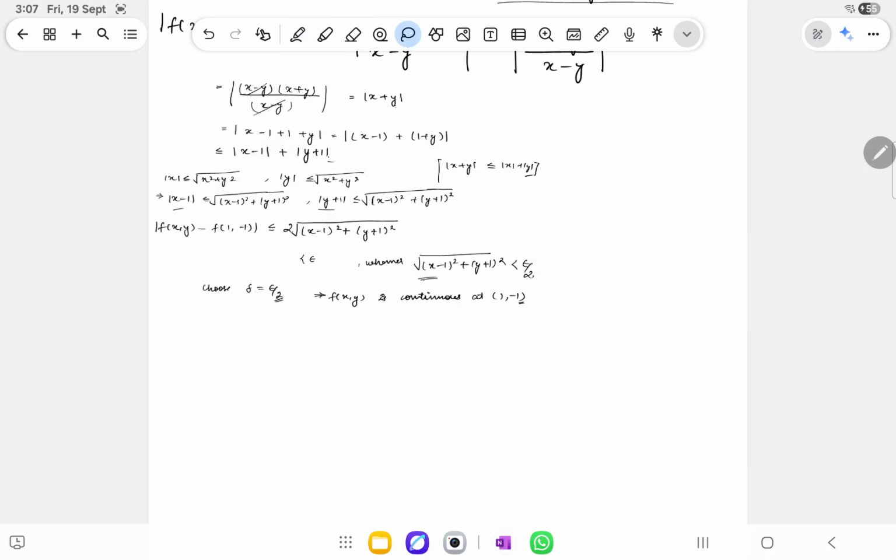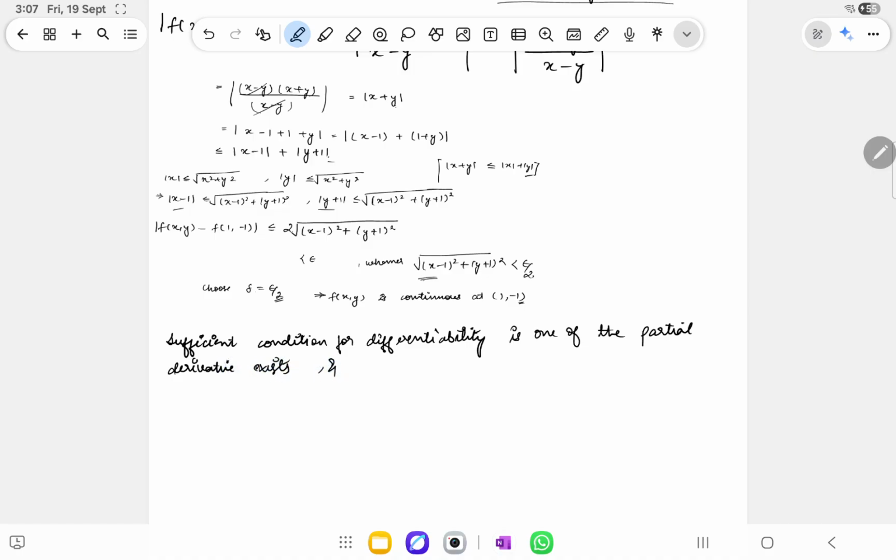We have seen that a sufficient condition for differentiability is to show that one of the partial derivatives exists and the other is continuous at the point (1, -1), because this is the point where we are supposed to check the differentiability.